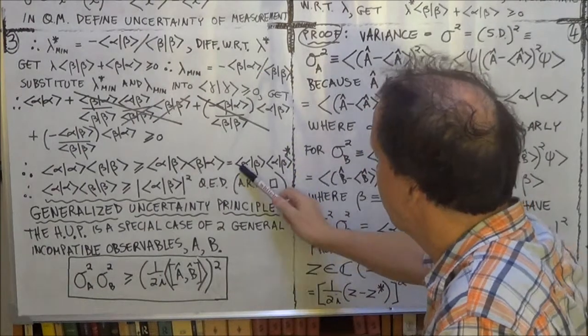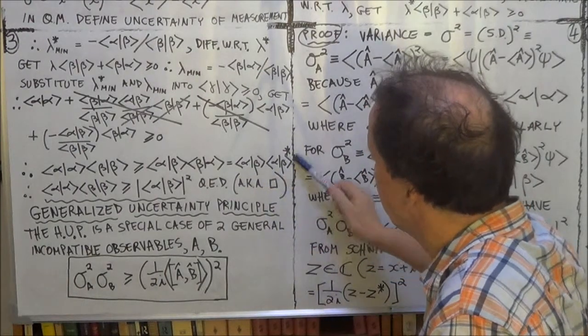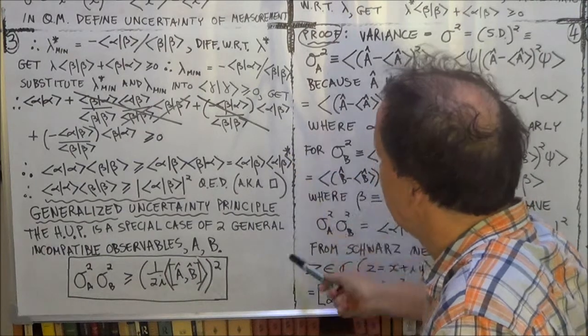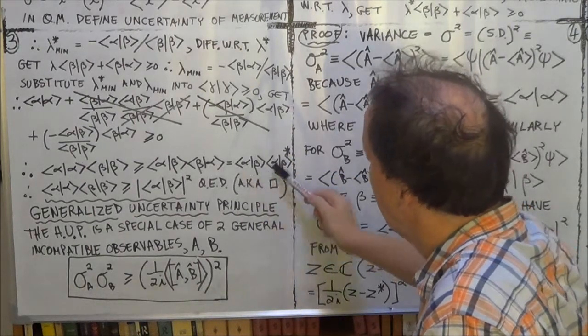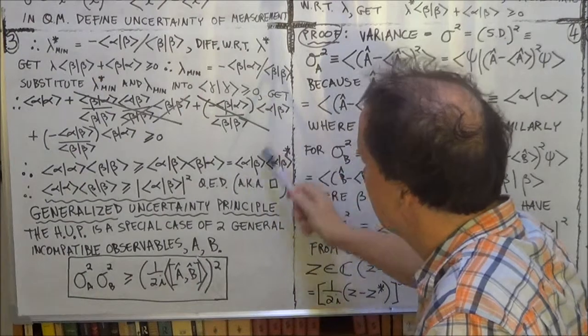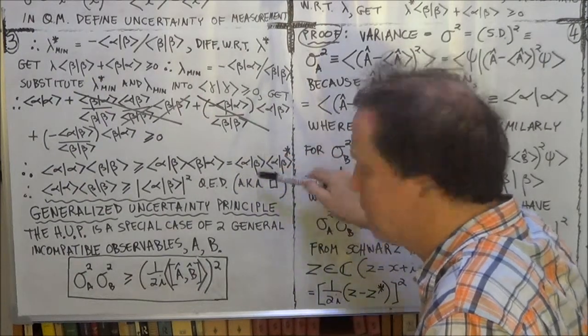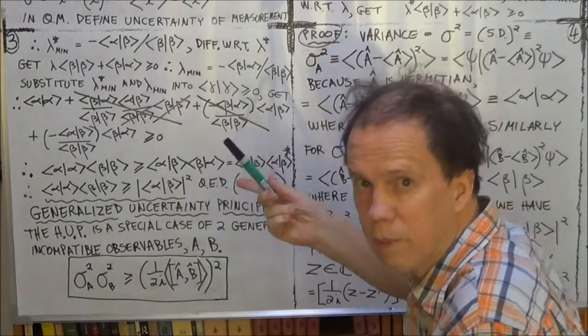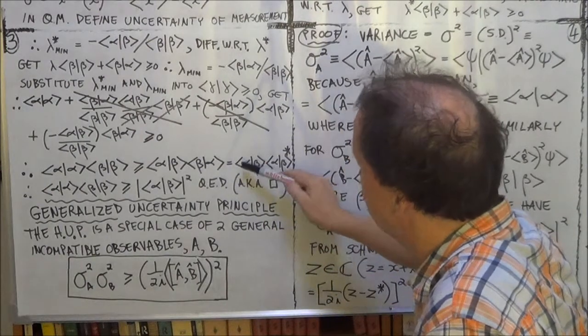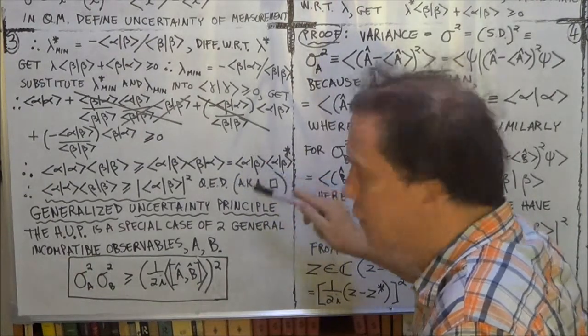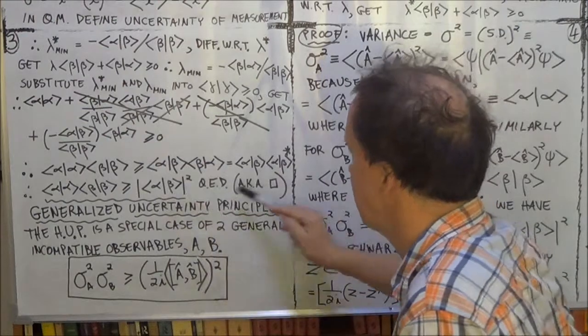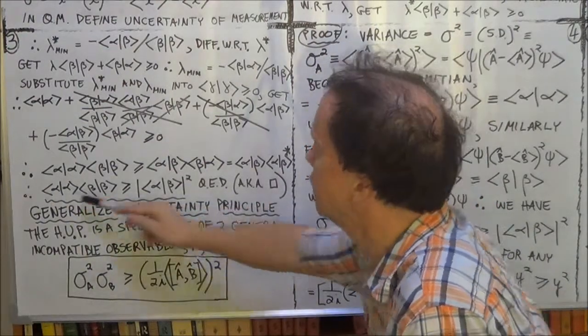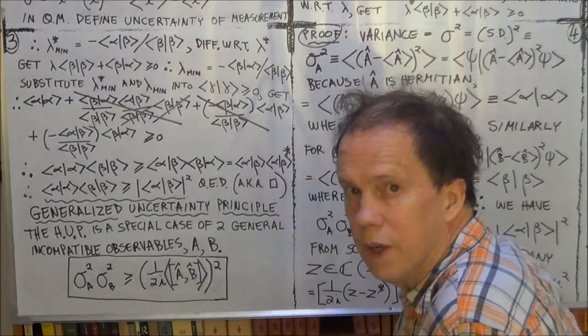Well, now I've got something times itself starred. So this here is the same thing as the modulus, the absolute value in real numbers, the absolute value of bracket alpha beta squared. And there it is, there's your final result.